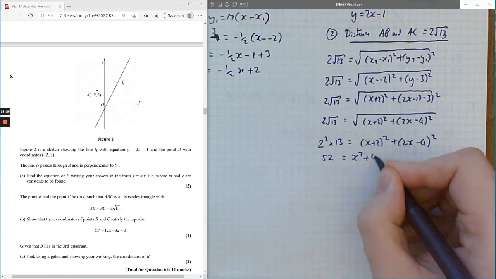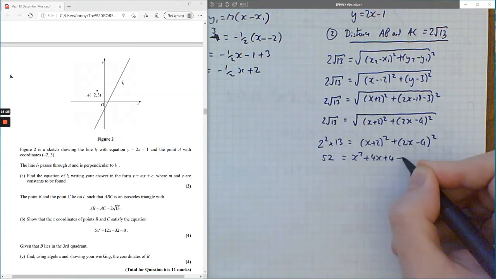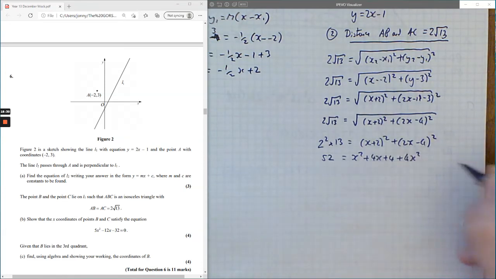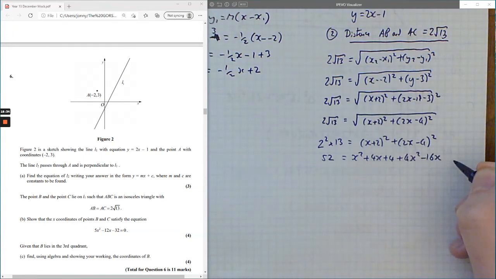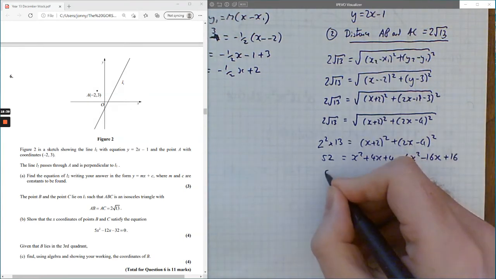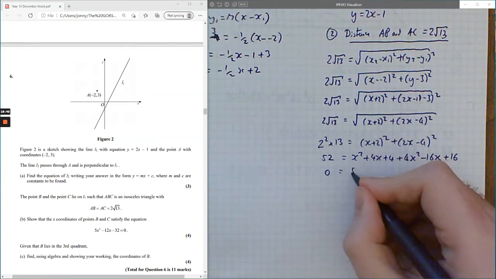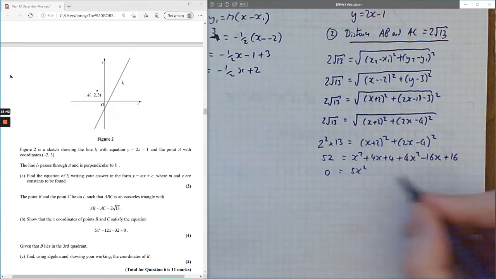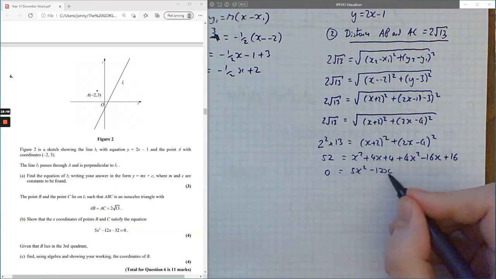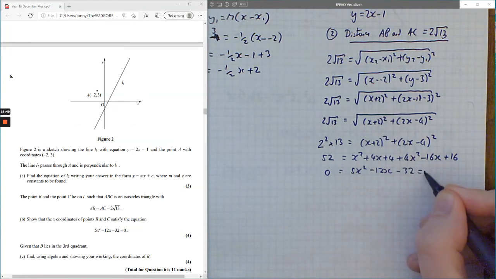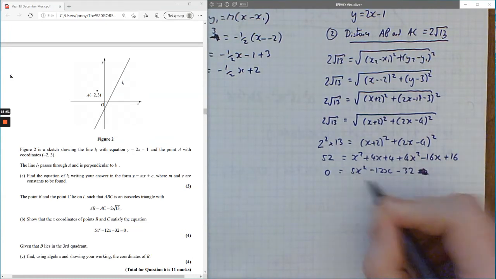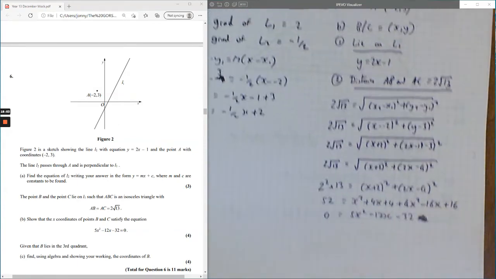And on this side, I'm going to multiply everything out. Minus 16x plus 16. 0 equals 5x squared minus 12x minus 32, and we've already got the equals 0, which is exactly what we wanted.